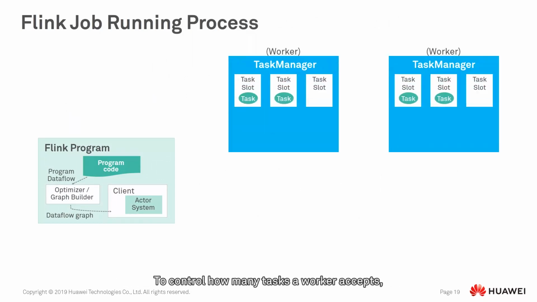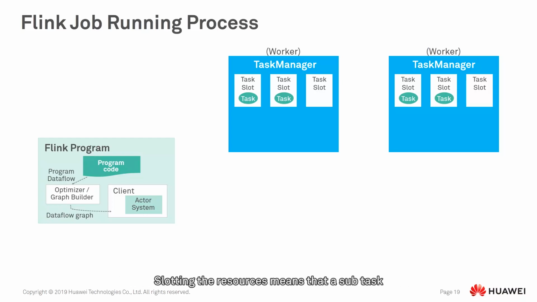To control how many tasks a worker accepts, a worker has so-called task slots. Each task slot represents a fixed subset of resources of the TaskManager. A TaskManager with 3 slots, for example, will dedicate 1/3 of its managed memory to each slot.